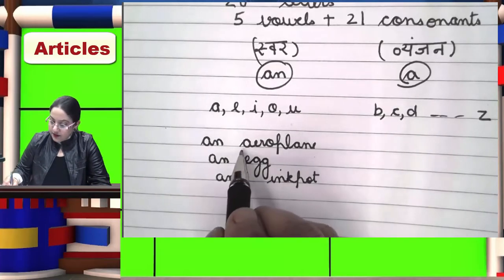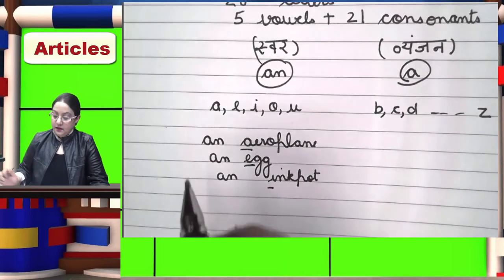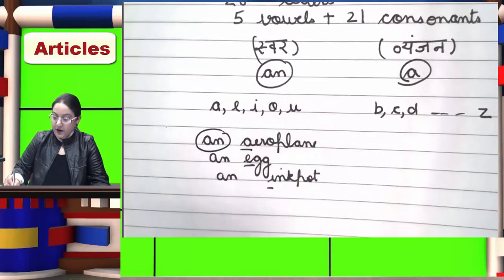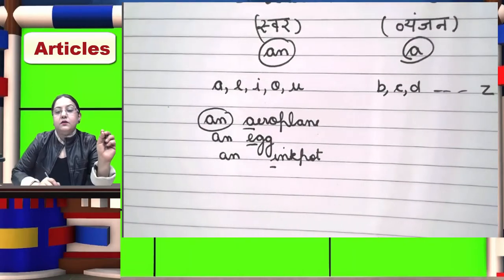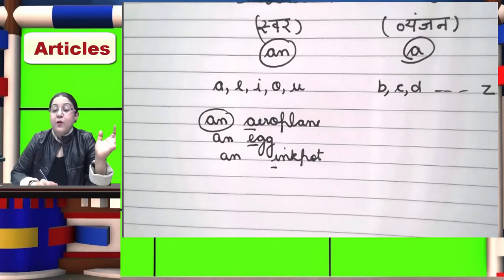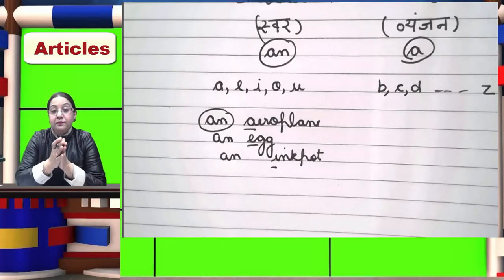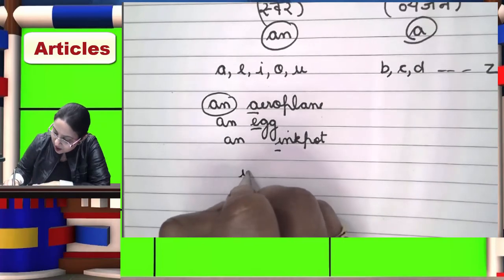Whenever my word starts with A, E, I, O, U, I am using an. Now one more thing to emphasize here is that my word may not start with A, E, I, O, U, but the sound that I get when I speak that word may be the sound of a. For example, the most common example that we talk about is umbrella.